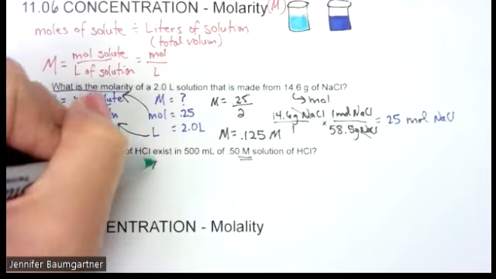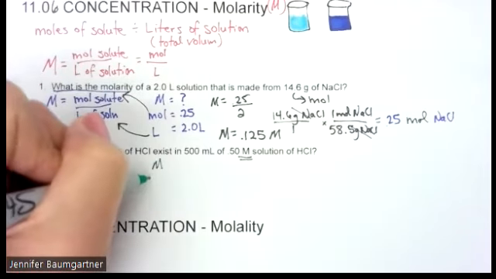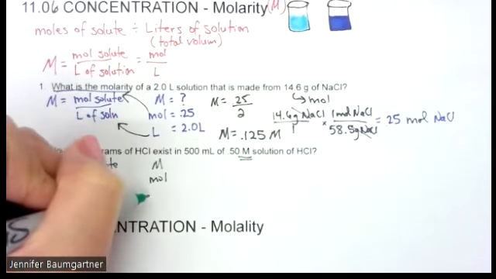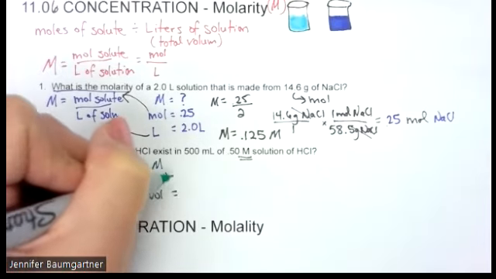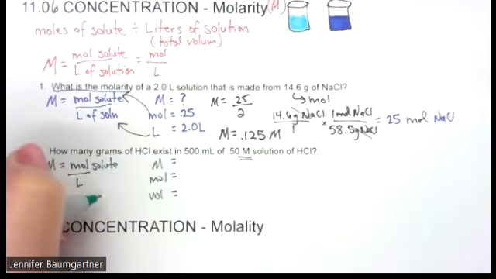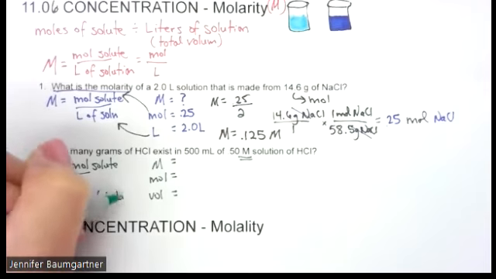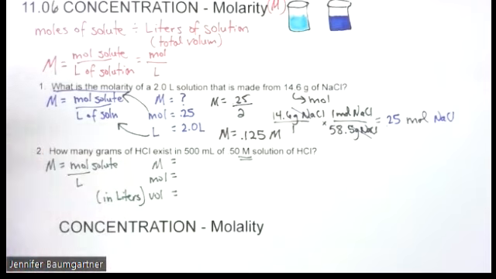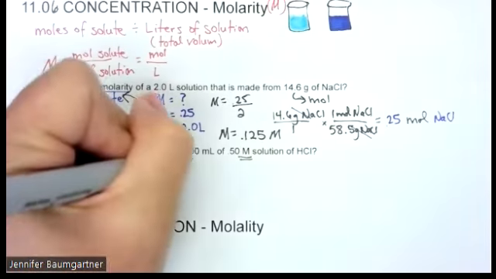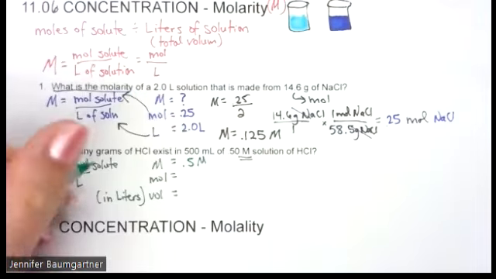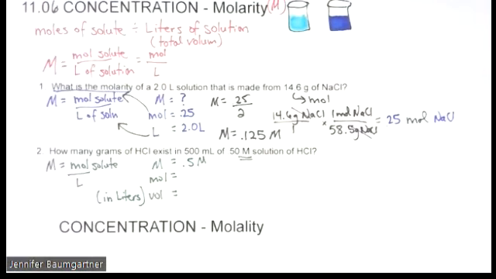So I'm going to have my molarity, I'm going to have my moles, and I'm going to have my volume in liters. And this has to be in liters. So my molarity is 0.5 molar. My volume is given to me in milliliters. And let's once again go back through, how do we convert?